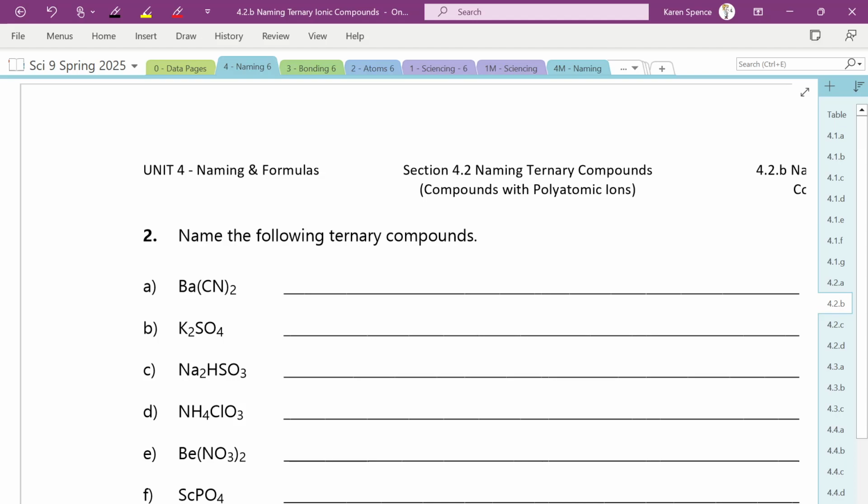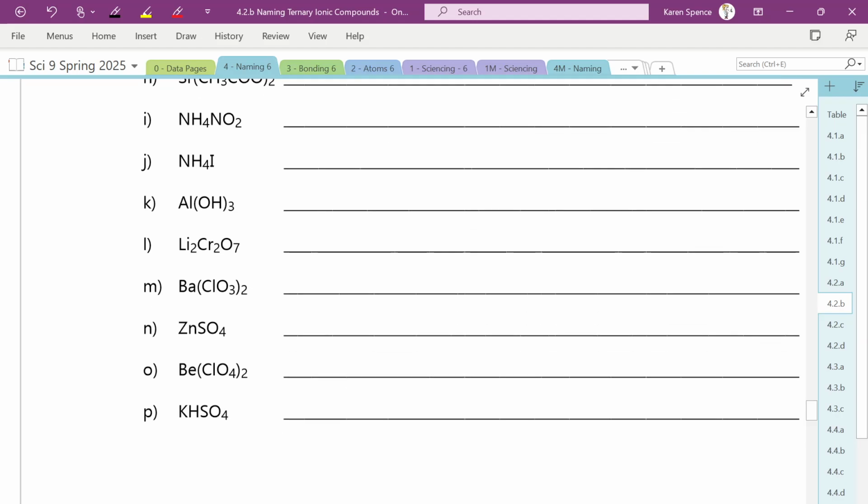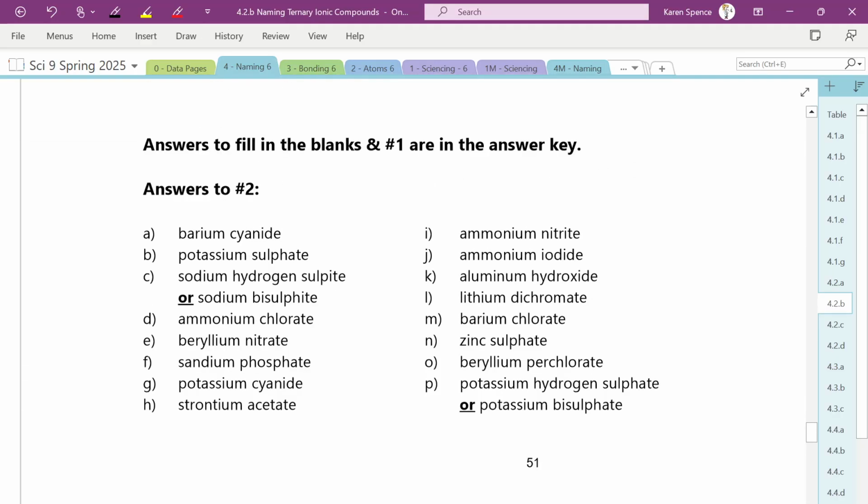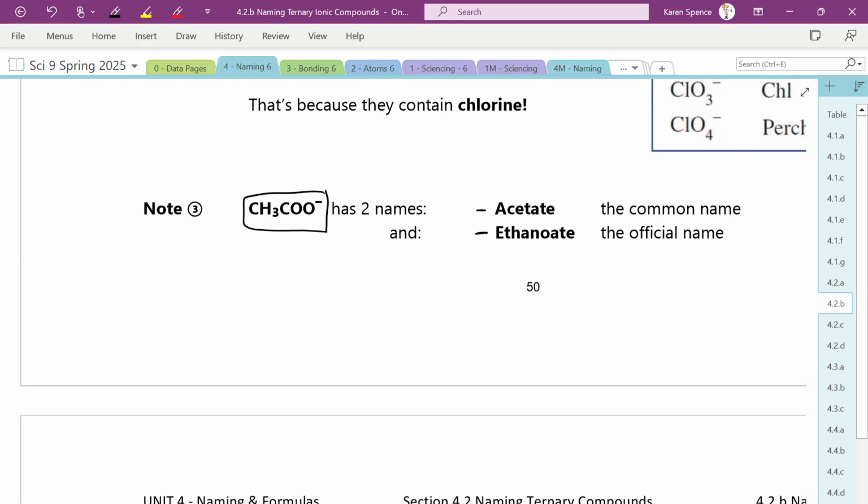Those of you who are done, you can work on page 51. Okay? And if you're finished that, you can work ahead. So number 1, do your quizzes. Number 2, page 51. Number 3, work ahead.